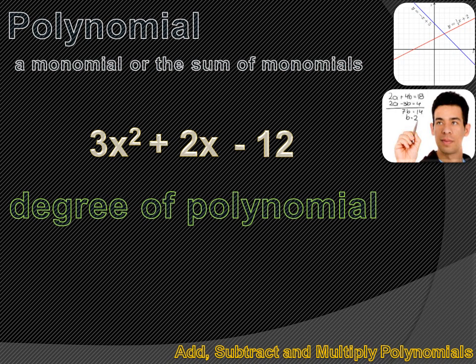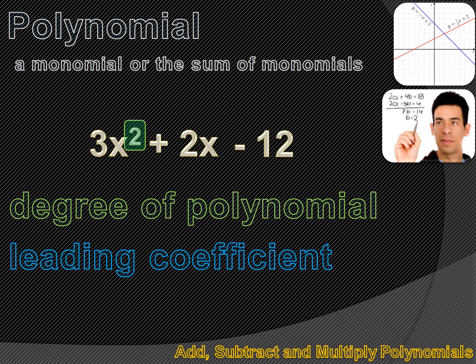Well, what's the degree of this polynomial? Well, that just means what's the exponent of the highest powered variable in the expression. In this expression, x is raised to the second power, and 2 is the degree of the polynomial.